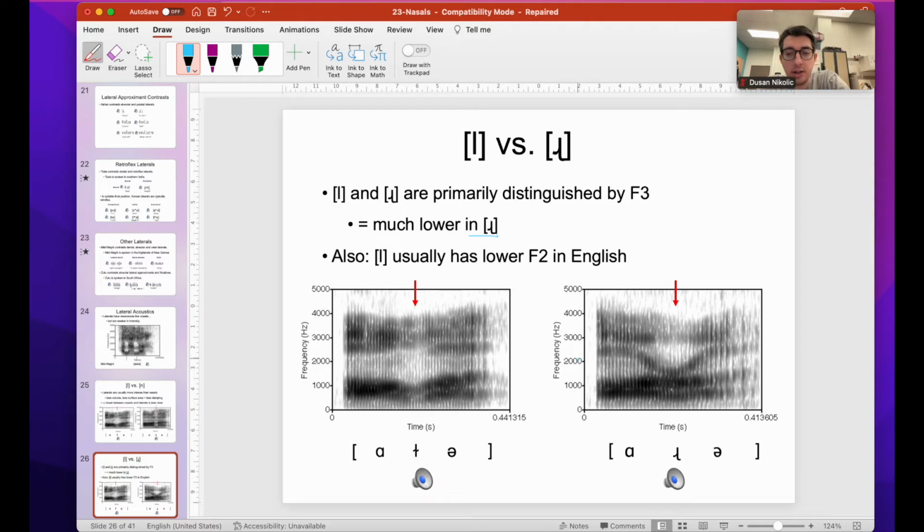lower in R. So let's take a look at this. Look at how low the F3 is in R, right?